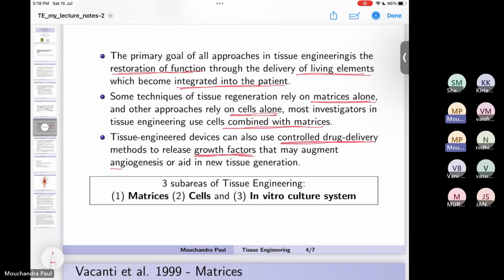So growth factors like VEGF, vascular endothelial growth factors. These VEGF growth factors have been used to promote angiogenesis, that is growth of new blood vessels from the pre-existing ones. Angiogenesis is a very important step that happens towards the late stage of the wound healing process, and even in cancer or tumor formation, how the growing cancer or tumor is getting blood supply.